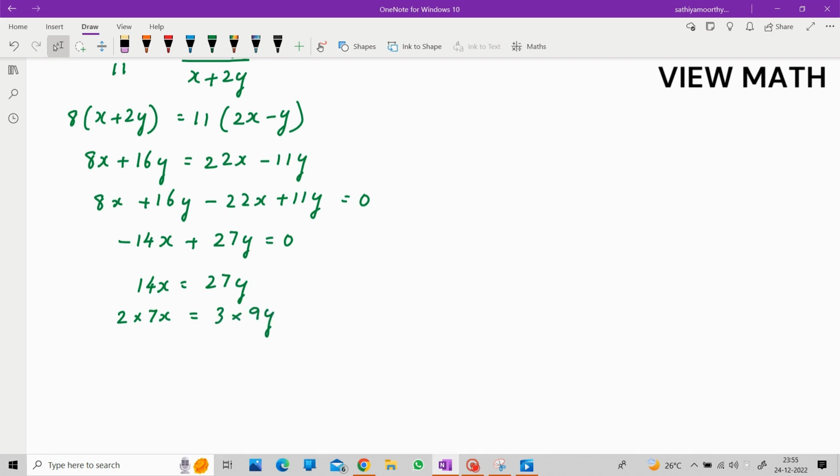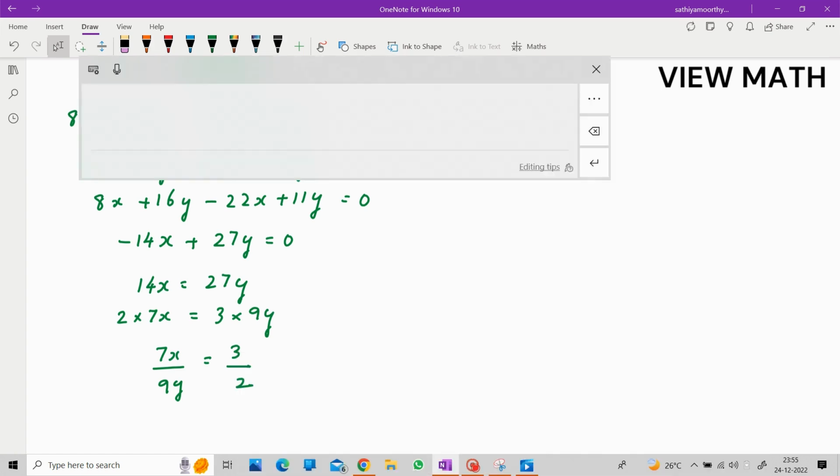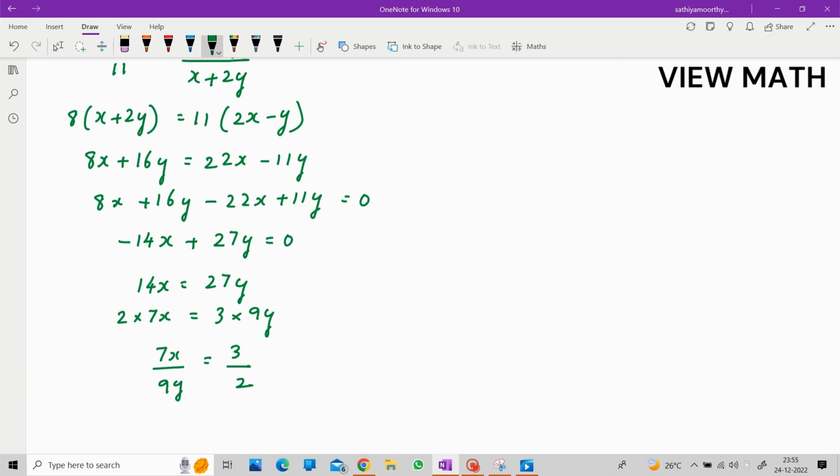So they are asking us to find out 7x by 9y. Let me bring that to one side. 7x by 9y. The right hand side, 3 by 2. The 2 I'm bringing to the other side, it comes to the denominator. So 7x by 9y is equal to 3 by 2.